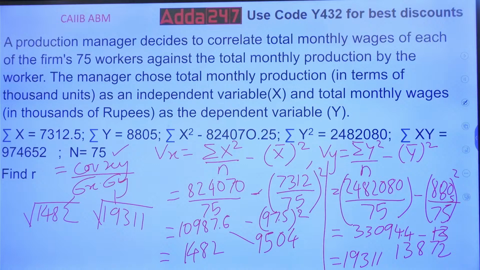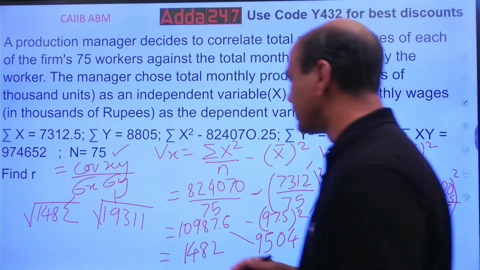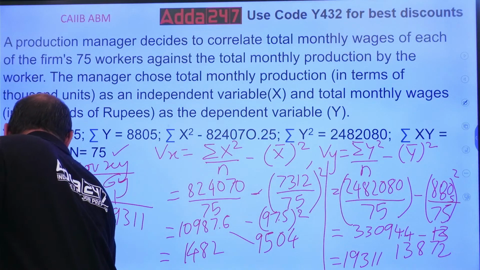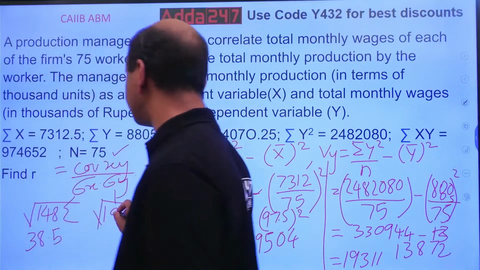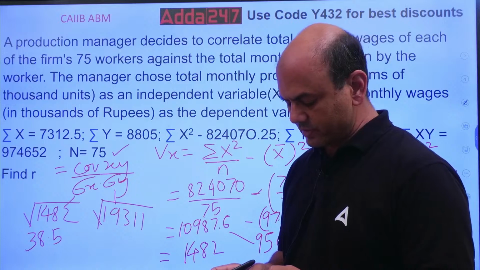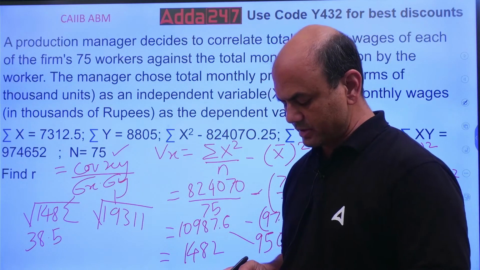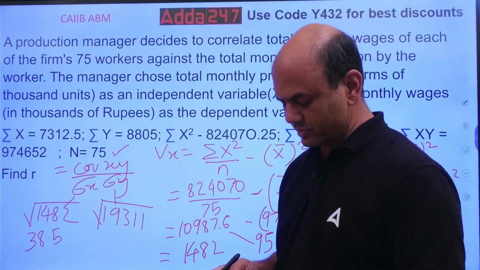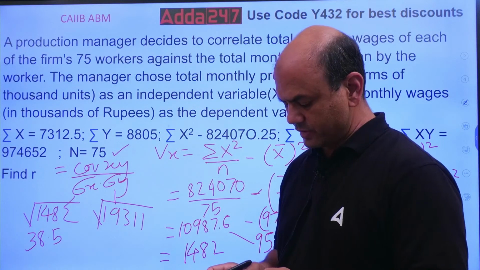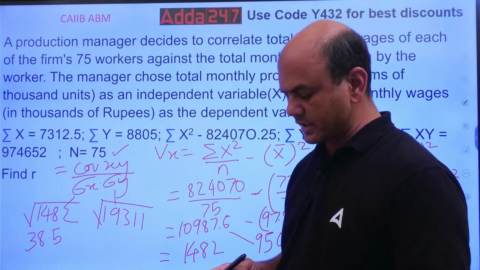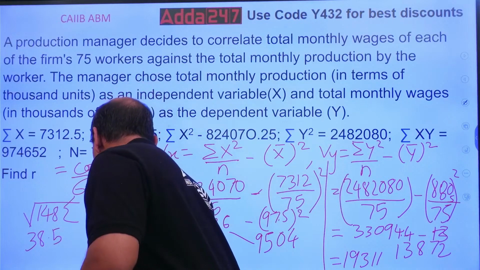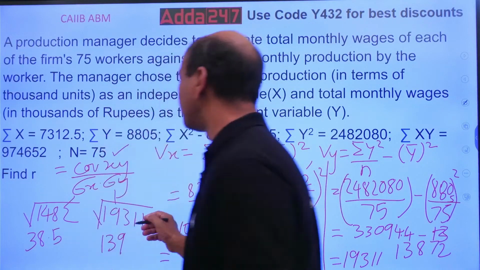So that is equal to 38.45, so this is 38.5. We'll multiply this later. And now the square root of 19311 is equal to 138.9, so 139 you can take it round. So now you got psi x, psi y.